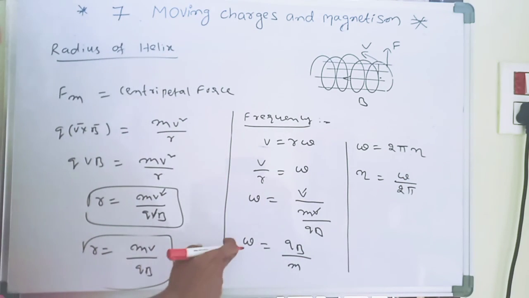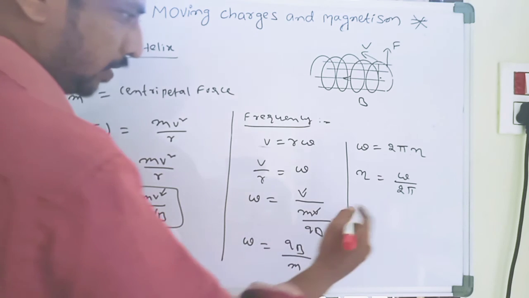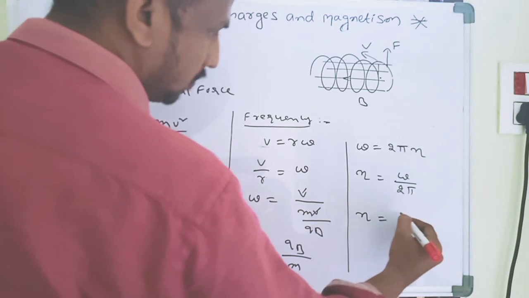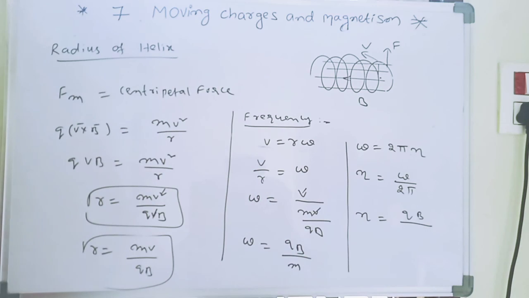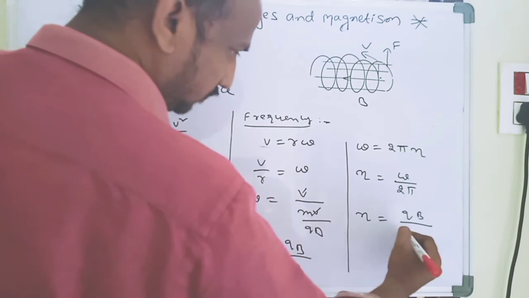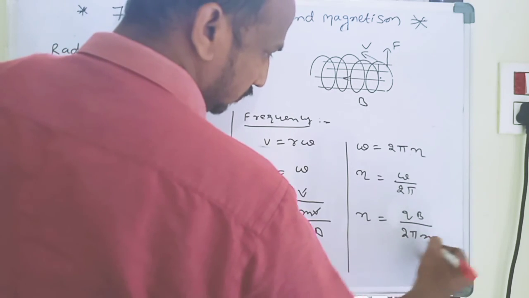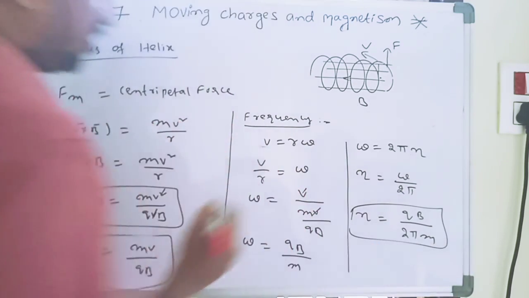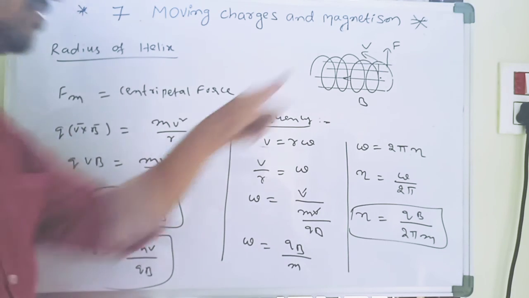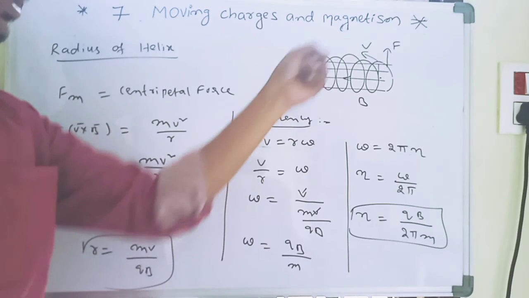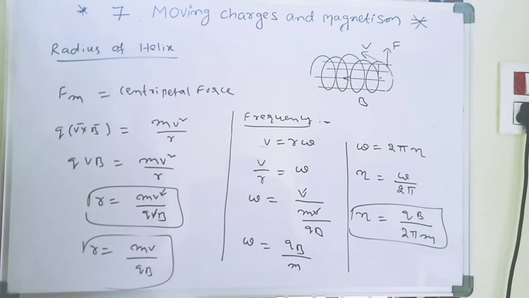Omega is equal to QB by m, so n is equal to QB by 2 pi m. This is the frequency of helix, the frequency of rotation, because it is rotating.